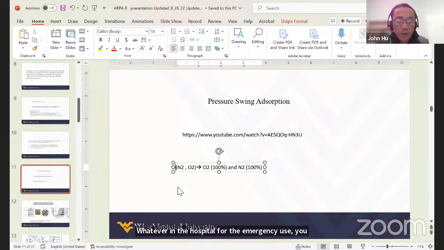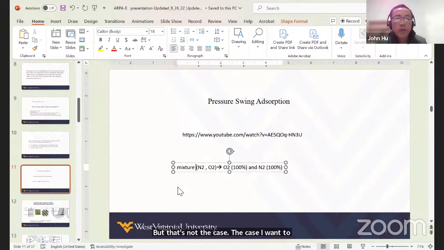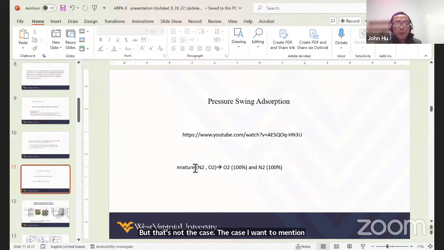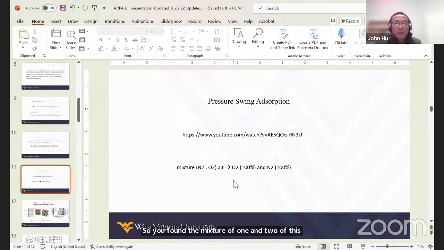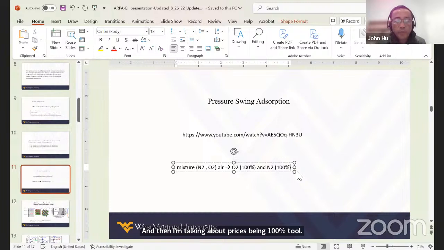But that's not the case I want to mention. The case I want to mention is the technical challenge. From the mixture of N2 and O2, which is air, you wish to have 100% N2. I'm talking about pressure swing, 100% N2. Can you achieve that? That's my question.